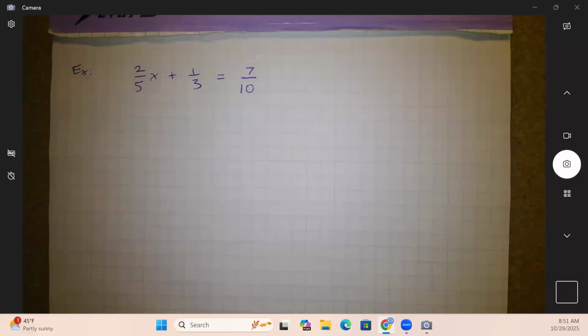Let me actually see what the book says, because there are a couple different ways to approach this. Wow, that's really weird. It's almost exactly one of the ones from the book as an example.